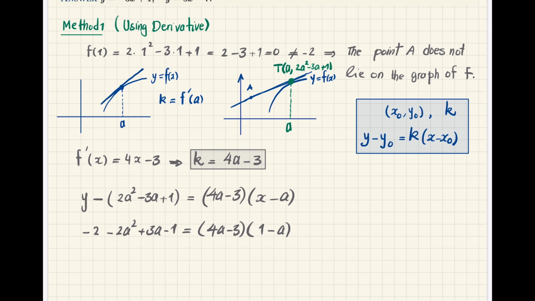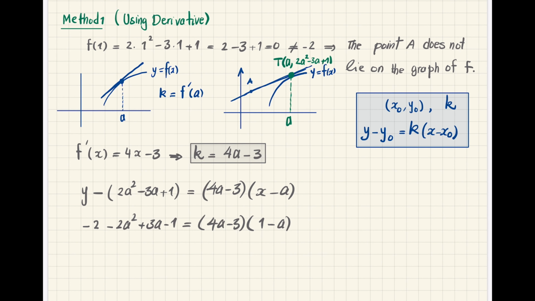Okay, so I will concentrate now on solving this equation. On the left hand side I can simplify a little bit, so it is minus 2a squared plus 3a, and then I have minus 3. On the right hand side I just simply multiply, so it becomes 4a minus 4a squared minus 3 plus 3a. Now what happens if I move 3a to the left?